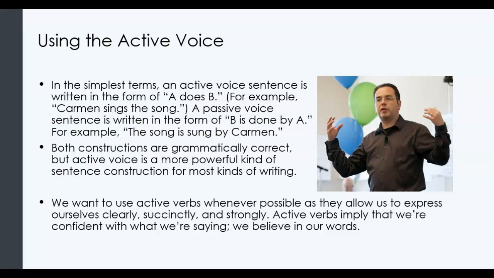Both constructions are grammatically correct, but active voice is a more powerful kind of sentence construction for most kinds of writing. We want to use active verbs whenever possible as they allow us to express ourselves clearly, succinctly, and strongly. Active verbs imply that we're confident with what we're saying. We believe in our words.